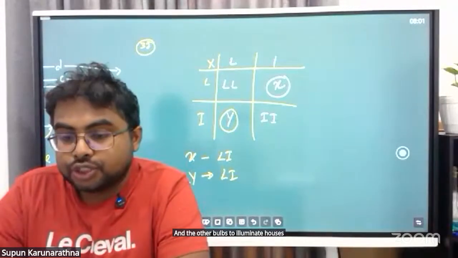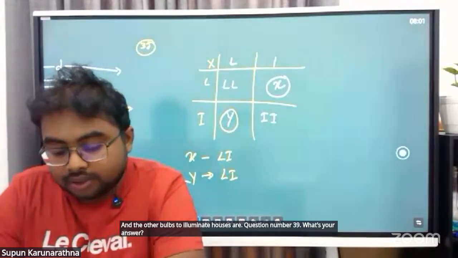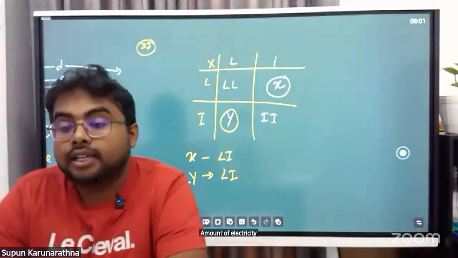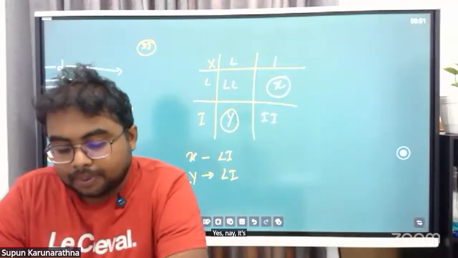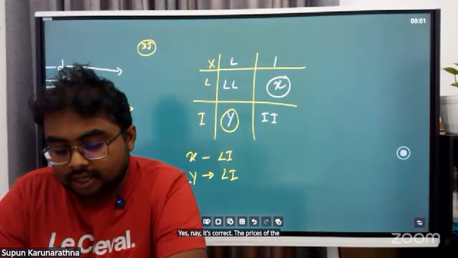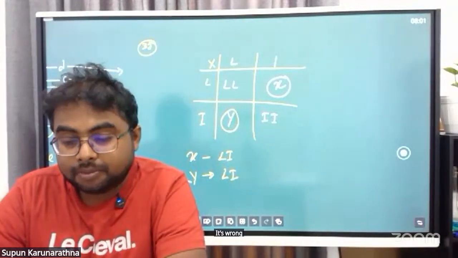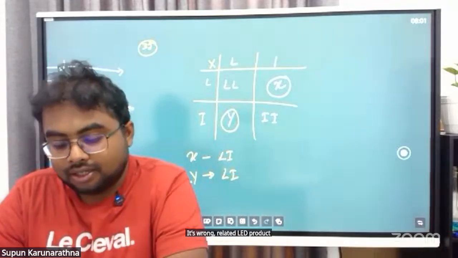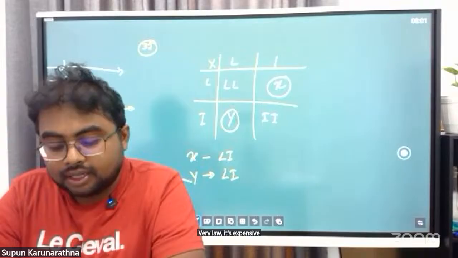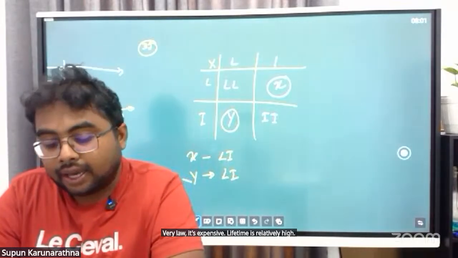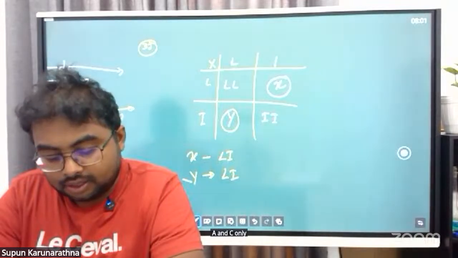Question number 39. What's your answer? Amount of electricity wasted is relatively low. Yes, it's correct. The prices of the accessories are very low. It's wrong, LED product prices are not very low, it's expensive. Lifetime is relatively high. Yes. Then A and C only.